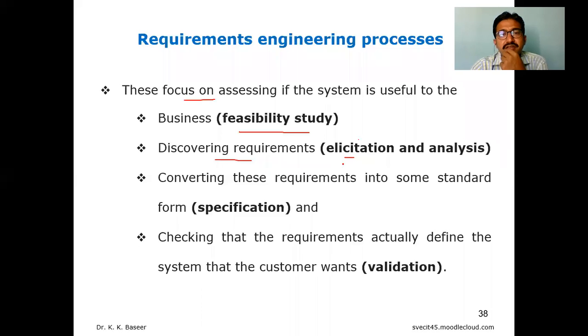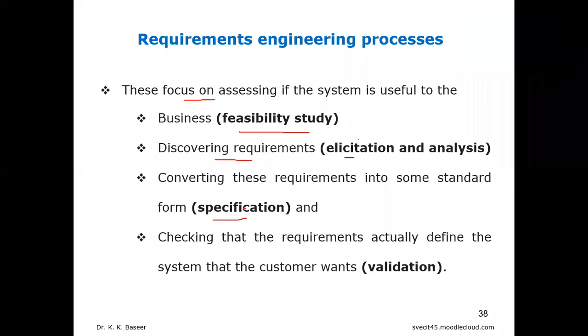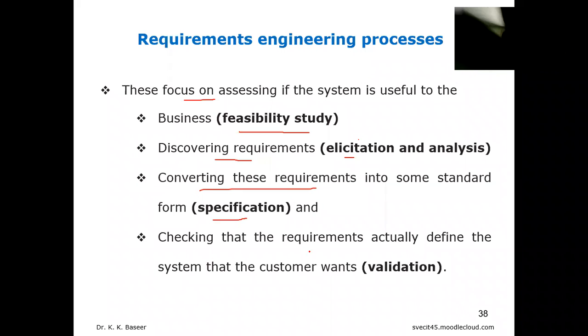The third phase talks about the specification. Like in the last class, we have seen the requirement specification, covering how we write the requirements with the help of which language, like natural language, or we can use formal language, or we can use notations. In that same process, we are going to convert these requirements into standard forms.